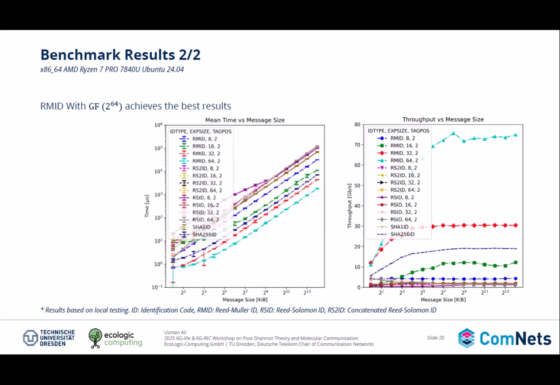But then it turns out that if you look deeply into how Reed-Muller or Reed-Solomon operations are done, and then you look further into how you can accelerate this with the hardware that you have available, it turns out that Reed-Muller and Reed-Solomon can be implemented with more or less comparable speeds as these hardware accelerated SHA functions, which means that you can have ID codes that are capacity achieving and have the same performance in terms of speed as you would get using a bad ID code accelerated by a SHA as a technique.